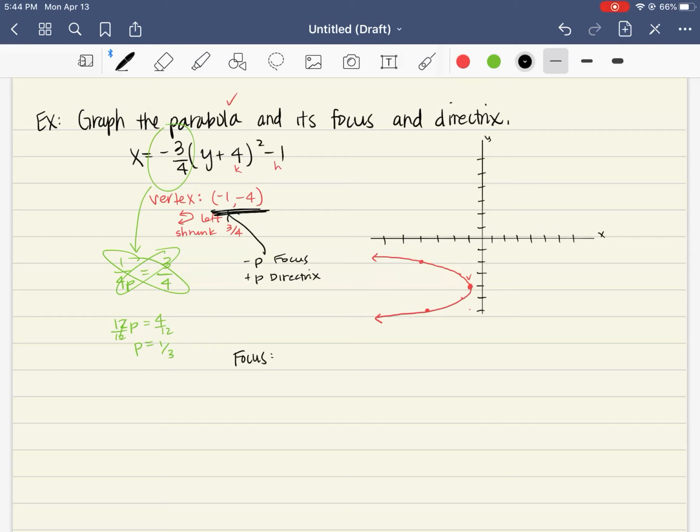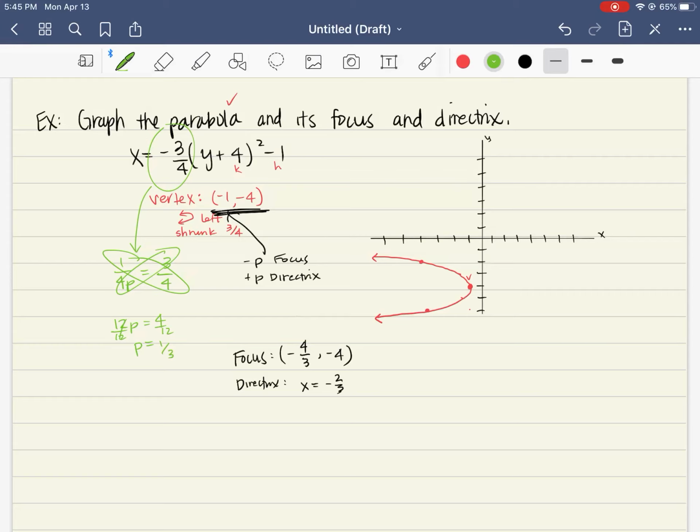So if I subtract p from that -1, I'm going to end up with -4/3, because you have -1, then you subtract another 1/3. And then the directrix is going to be 1/3 in the other direction, so x equals -1 plus a third, which is -2/3.